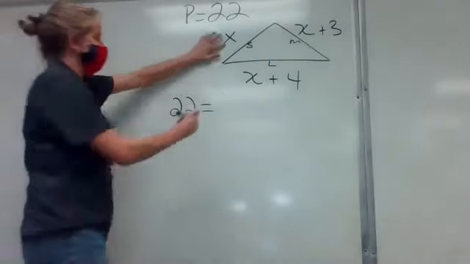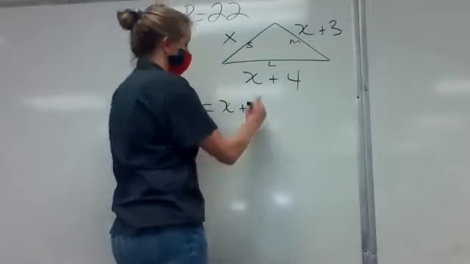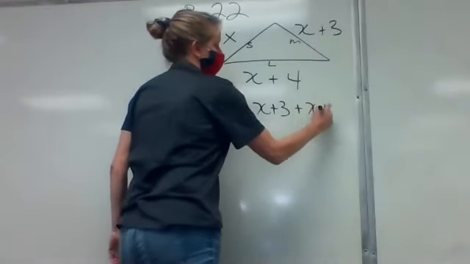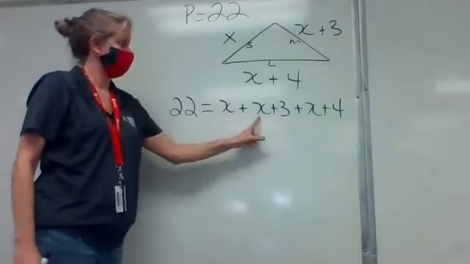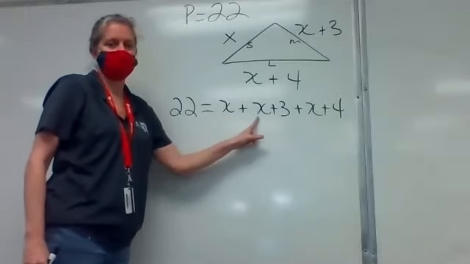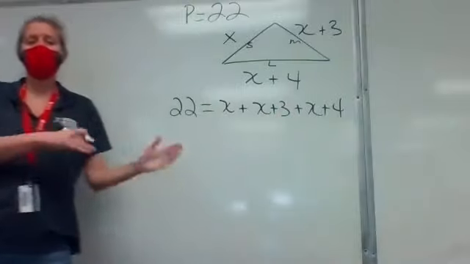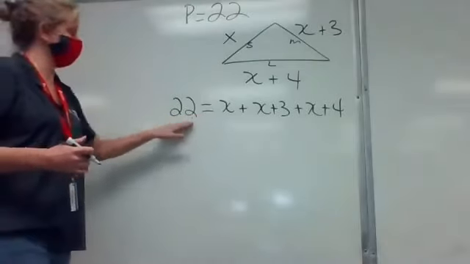So I need to add X to X plus 3 and add that to X plus 4, right? There's the short side. There's the medium side. And there's the long side. When you add all 3 sides together, it equals the perimeter, which is 22.